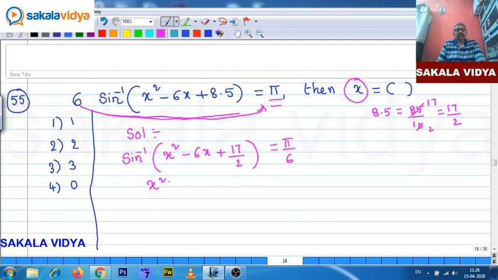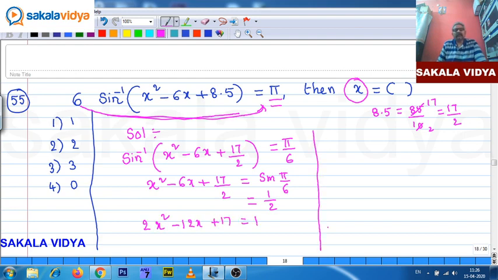Now, we get x square minus 6x plus 17 by 2 equal to sine pi by 6. Sine pi by 6 means sine 30. That is 1 by 2. Multiply 2 on both sides. You get like this: 2x square minus 12x plus 17 equals to 1.